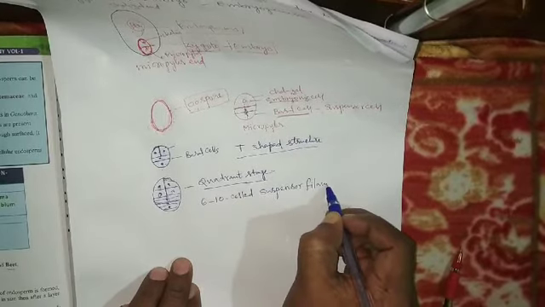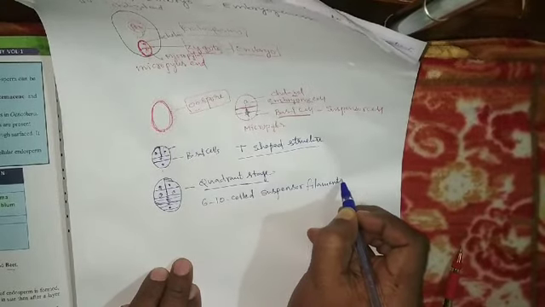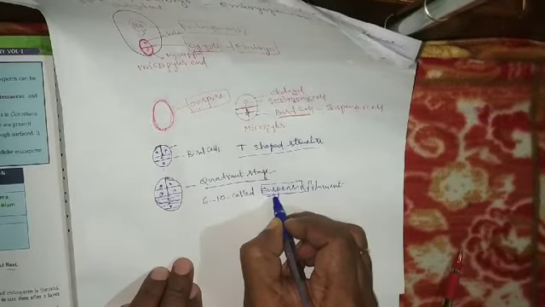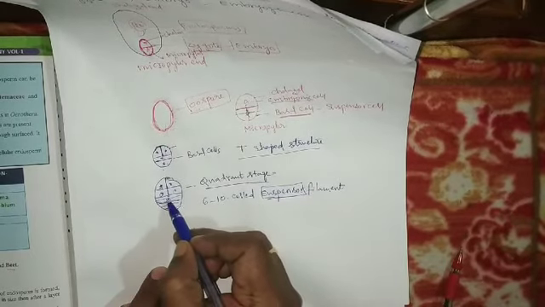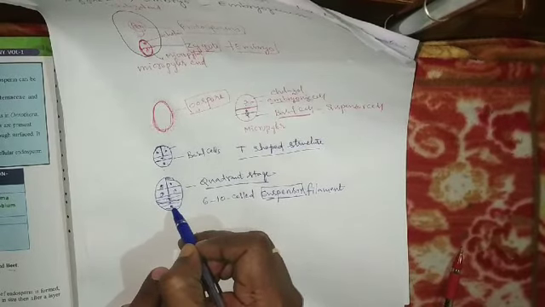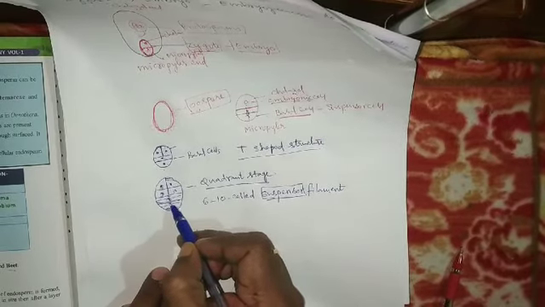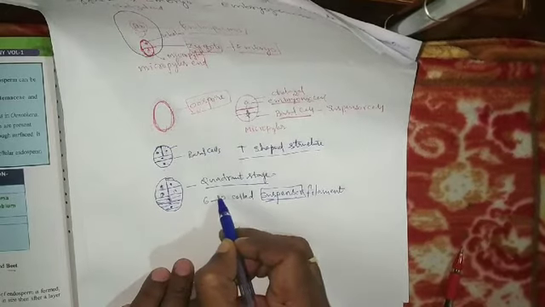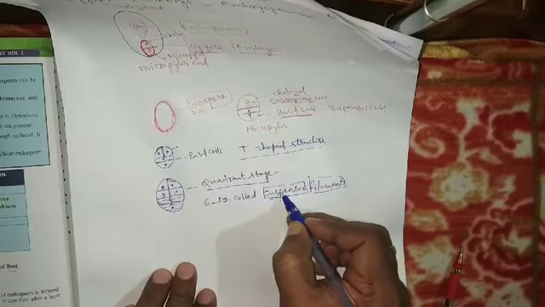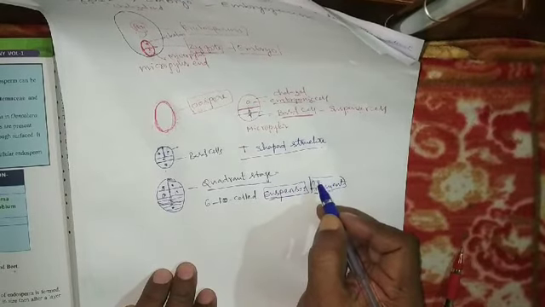A filament-like structure is formed. That is called the suspensor.